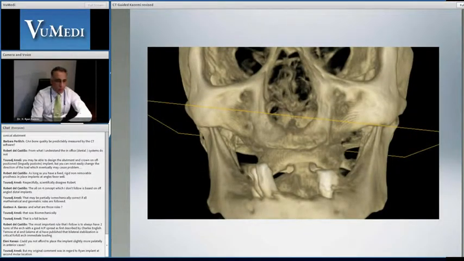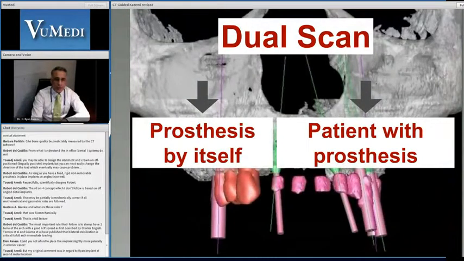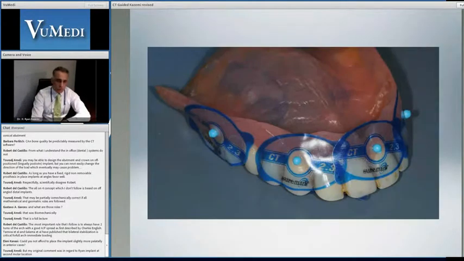The other case that we were talking about earlier, the patient with the complete upper missing teeth and significant loss of bone. What we established through the planning is that we can place 5 implants. So here we're going to do a dual scan. We're going to take the prosthesis and mark it and scan it by itself, and also scan it while the patient is wearing it.